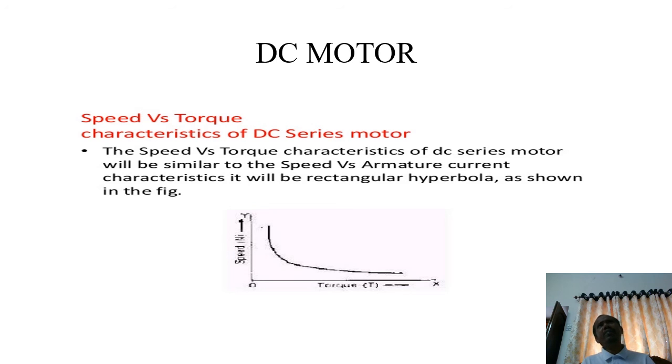Next, the speed versus armature current characteristic. N is directly proportional to Eb by phi. N is directly proportional to V minus Ia Ra by phi. So you can draw the characteristics with respect to Ia. When Ia is small, under no load condition, the curve is hyperbolic in nature.